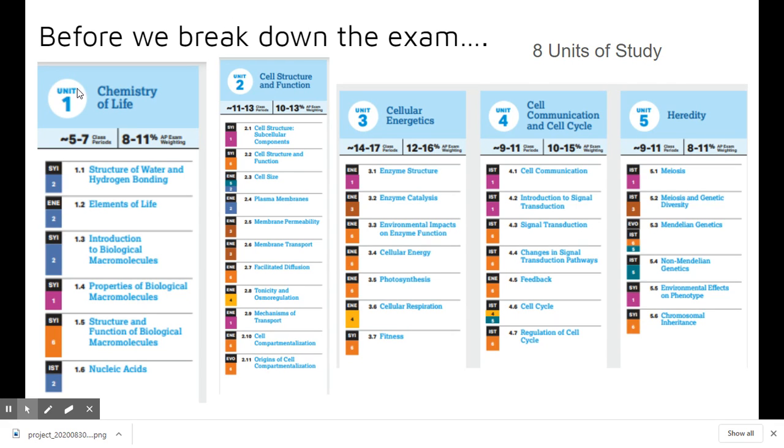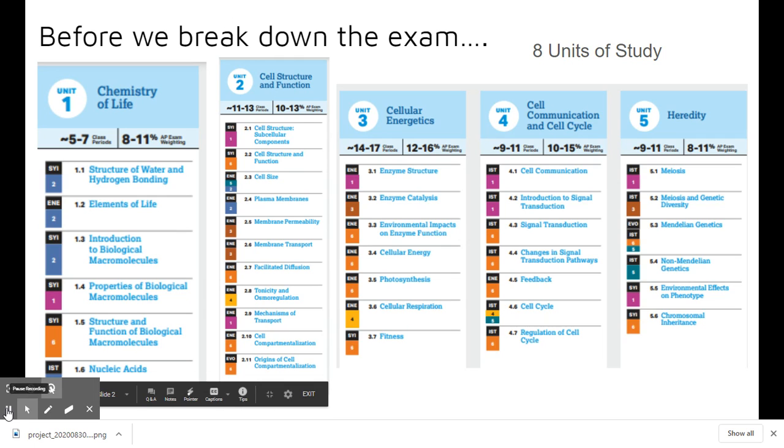For example, the first unit, the chemistry of life, is only 8 to 11% of the exam. This first unit sets the foundation for you to understand the chemical basis of life, and you will need mastery of this to be able to apply it to the properties of living systems.